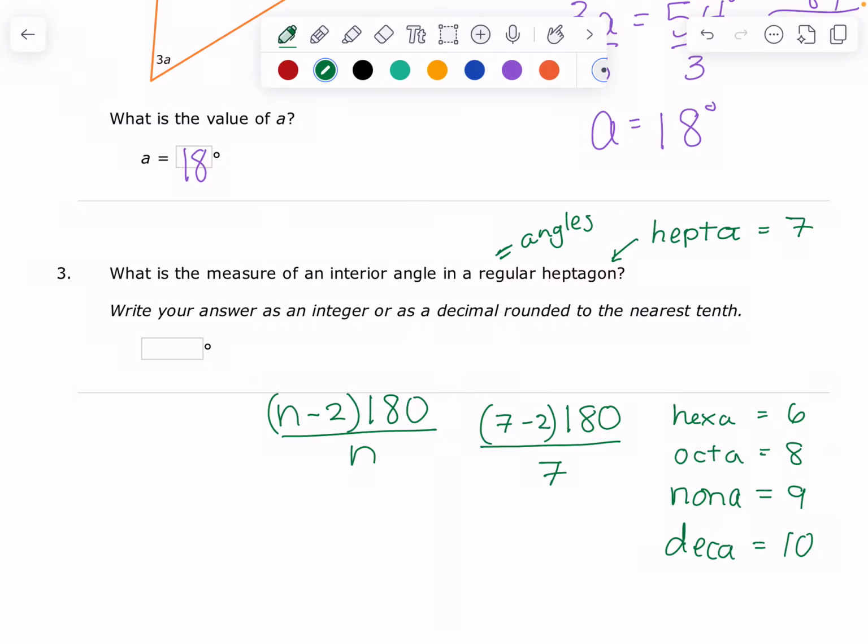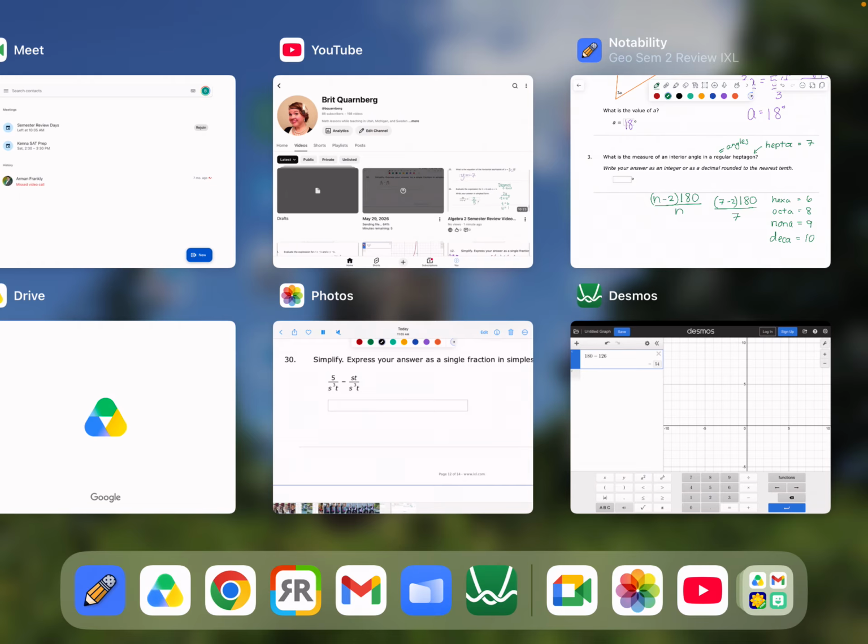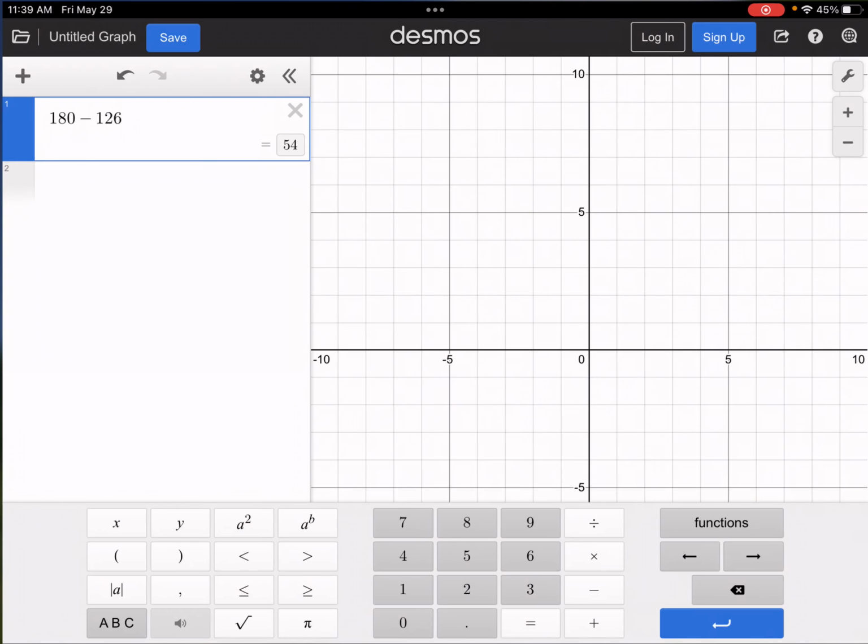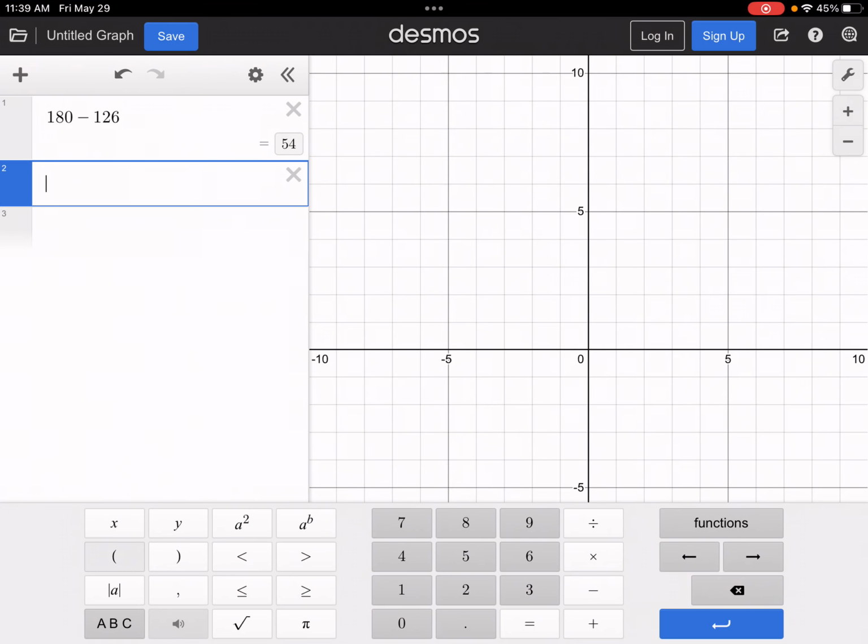And you can do that in decimals. Actually, I'm going to do the fraction, divide first. So parentheses, 7 subtract 2, close parentheses, 180 over 7 is 128.57.